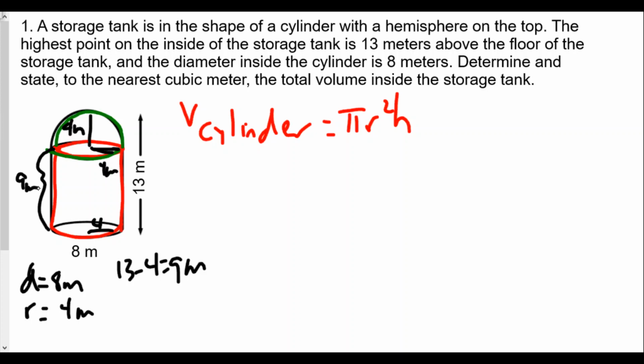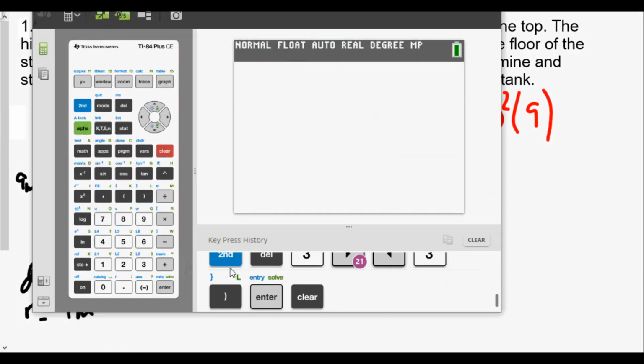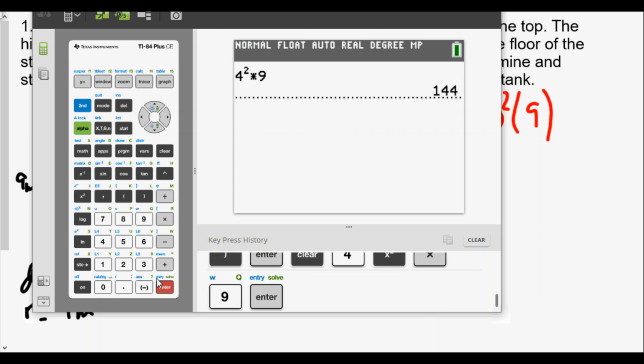So now let's fill this in. We get pi times 4 squared times 9. We're going to leave everything in terms of pi. 4 squared is 16 times 9. I think it's 144, but just to make sure, because I make mistakes sometimes, let's check: 4 squared times 9 is equal to 144.